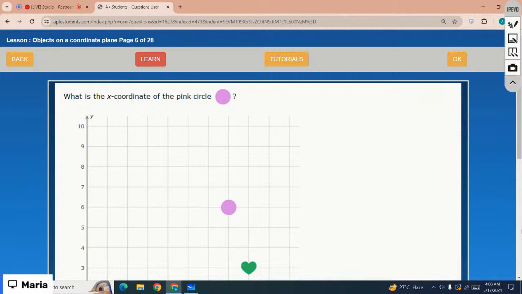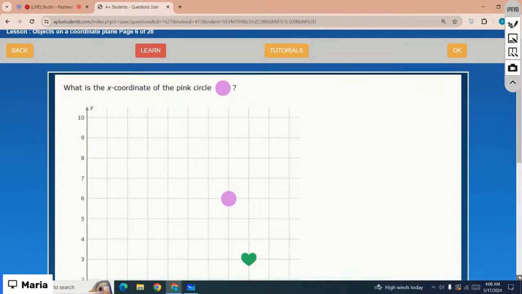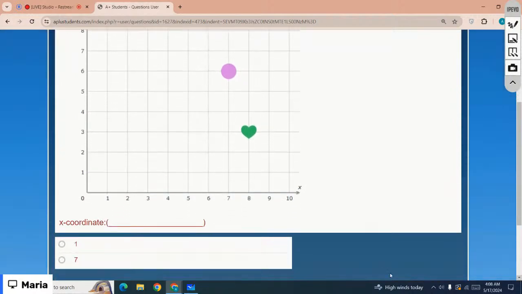What is the x coordinate of the pink circle? The correct option is 7, right?